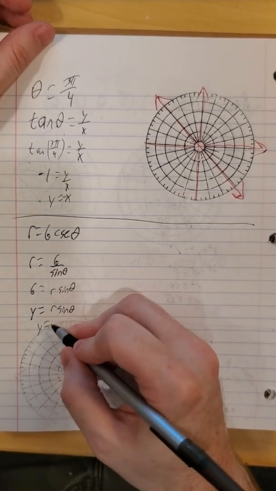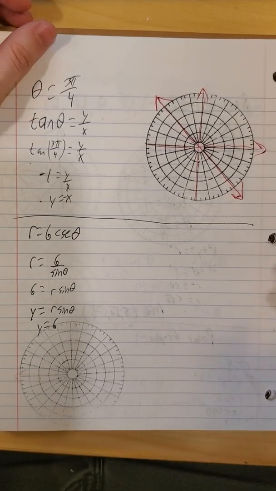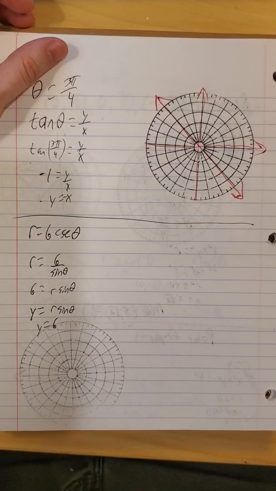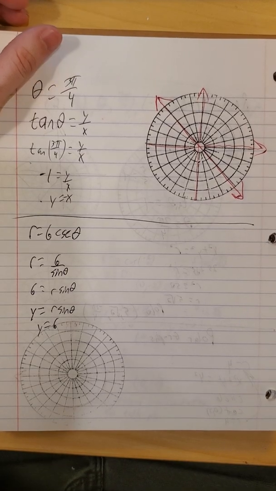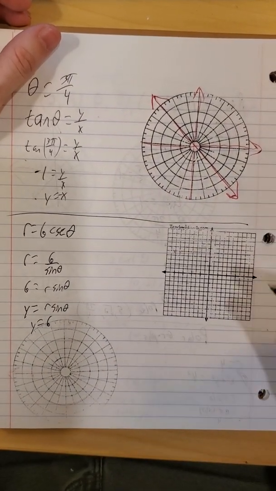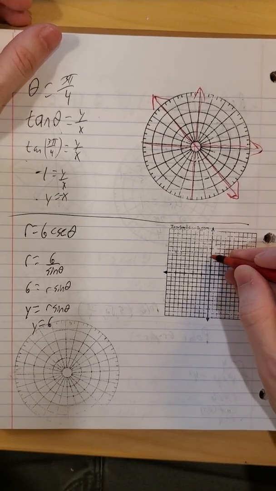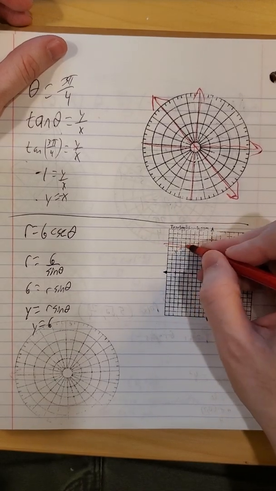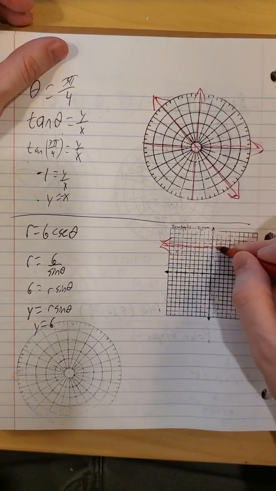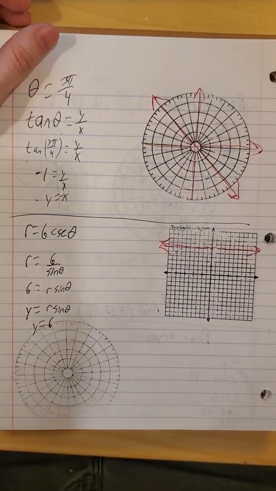So that means y is equal to 6. So on this one, we have a horizontal line, so this one would actually be easier to represent with just our regular XY plane. So here is, we're at 1, 2, 3, 4, 5, 6. And we'll pretend that I can draw a straight line without a ruler. So there's our r equals 6 cosecant theta graph.